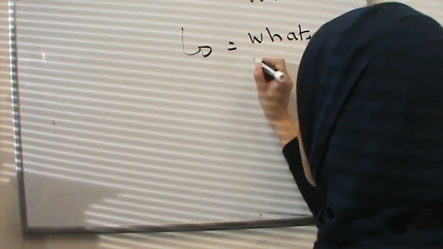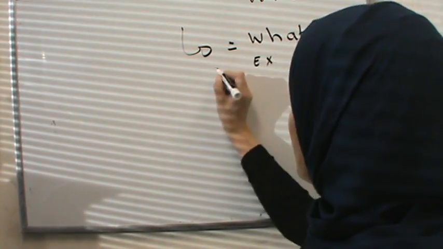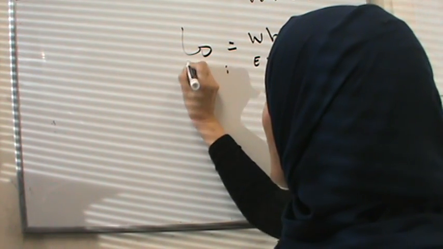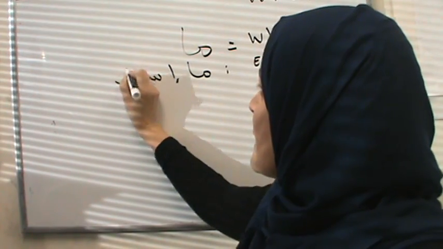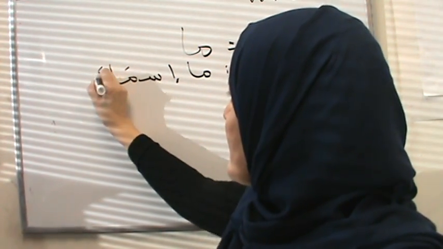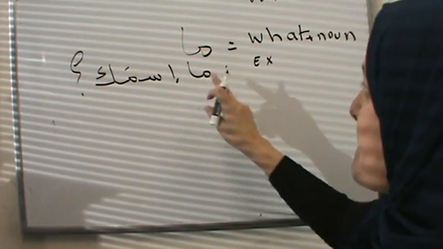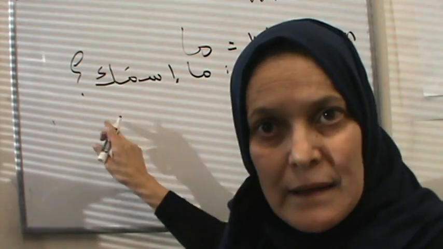Example, what's your name? And this is ma. Example, ما اسمك.